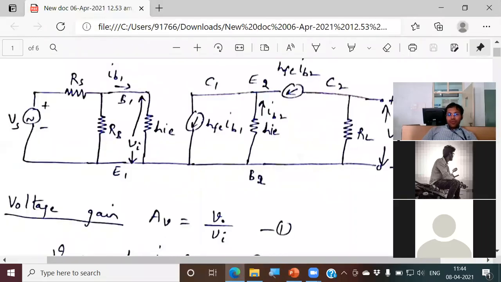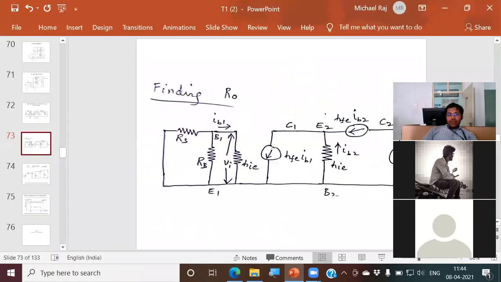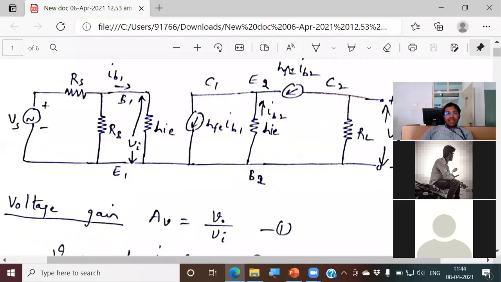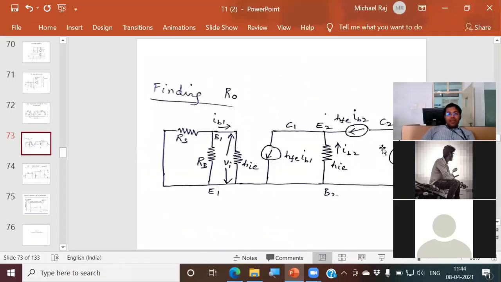Now here we put a voltage source. Remaining circuit as it is. Now current drawn from the voltage source will be this, isn't it? When you look at the circuit, you can understand that the current drawn from this source is this.